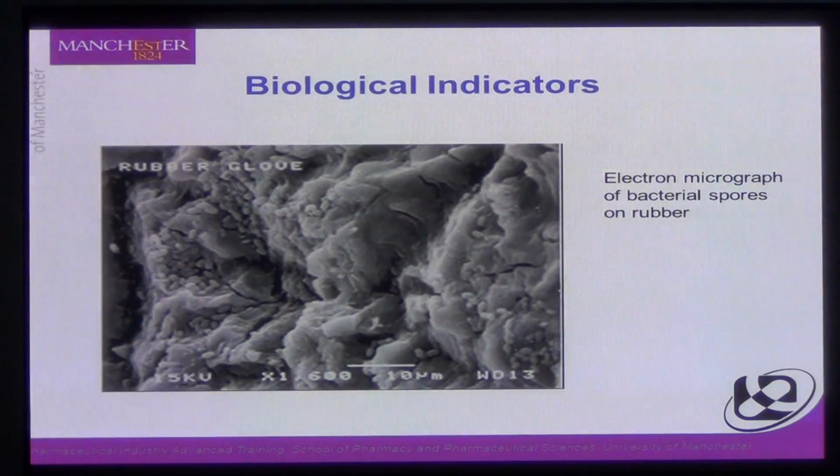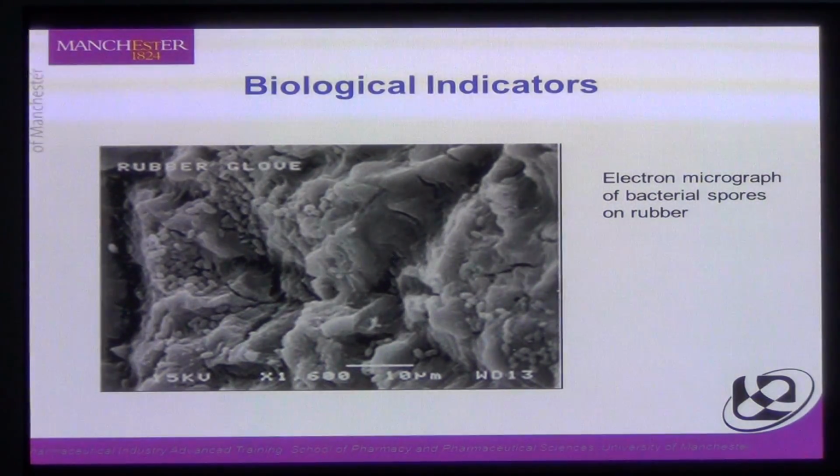There's an electron micrograph on the screen, looking at bacterial spores put onto rubber. You won't be able to see it in detail here, but that picture is reproduced in your course notes, and that particular one wasn't pure. So it does show that sometimes not all biological indicators are pure.